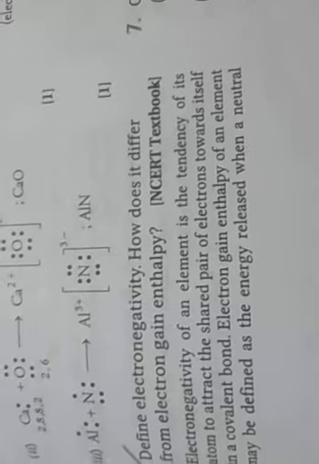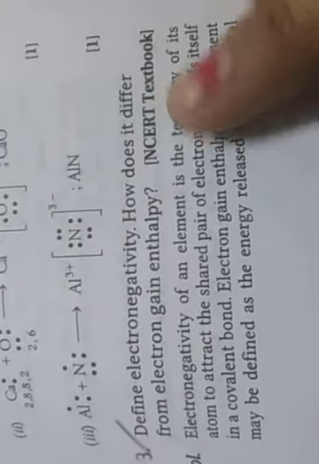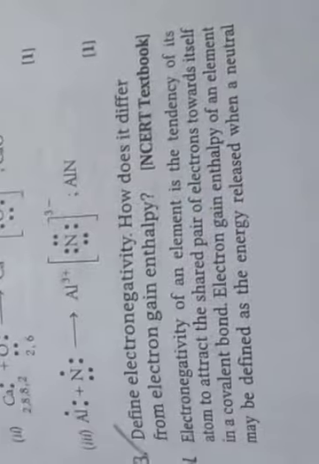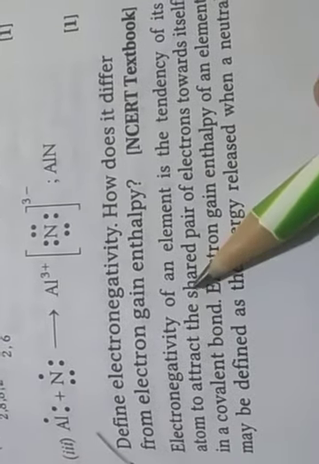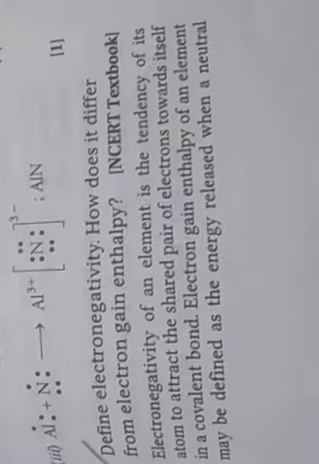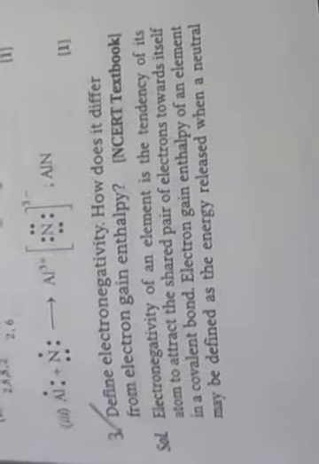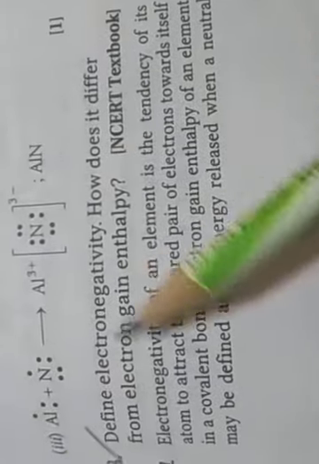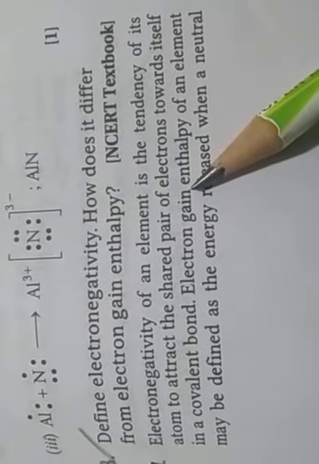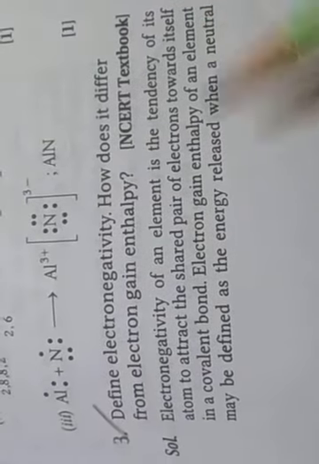Next question is: define electronegativity. How does it differ from electron gain enthalpy? We already know that the electronegativity of an element is the tendency of its atom to attract the shared pair of electrons towards itself in a covalent bond.